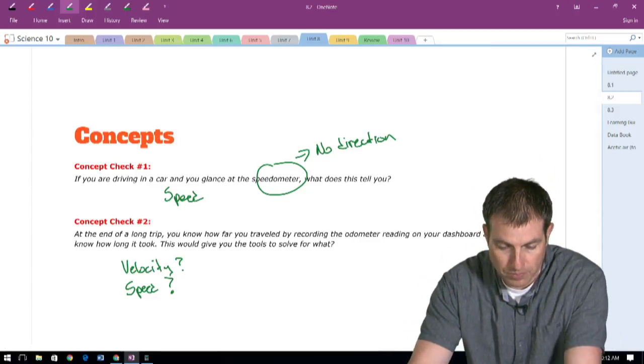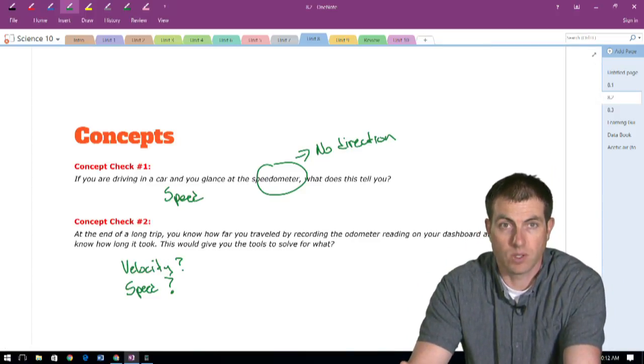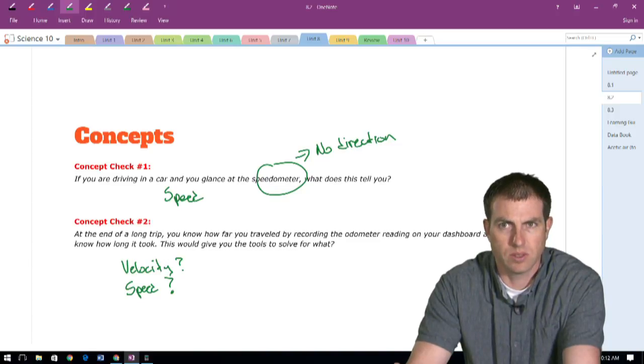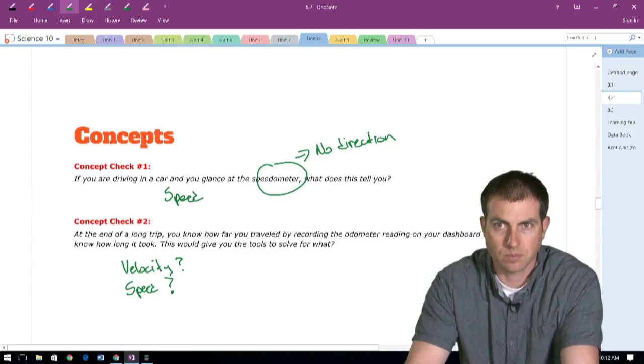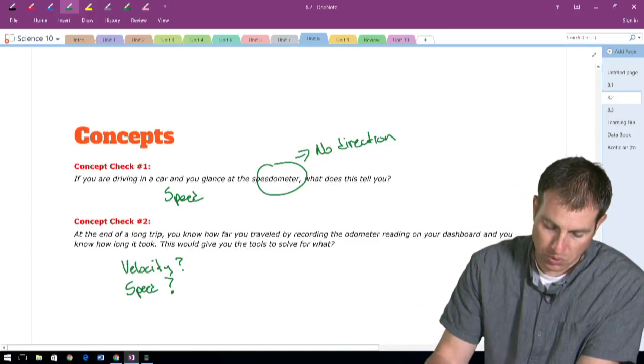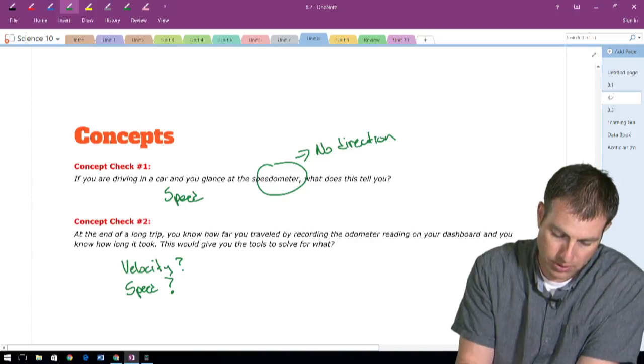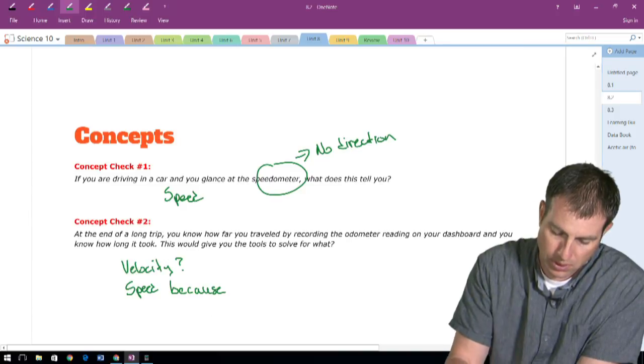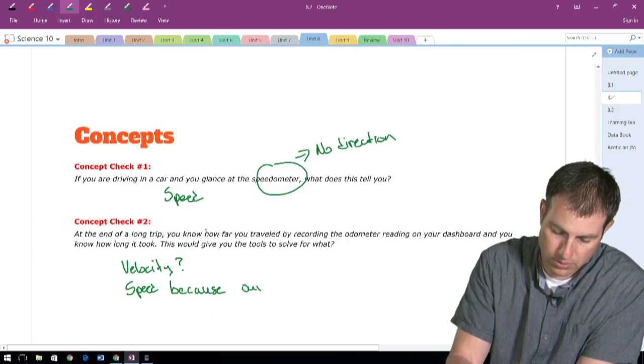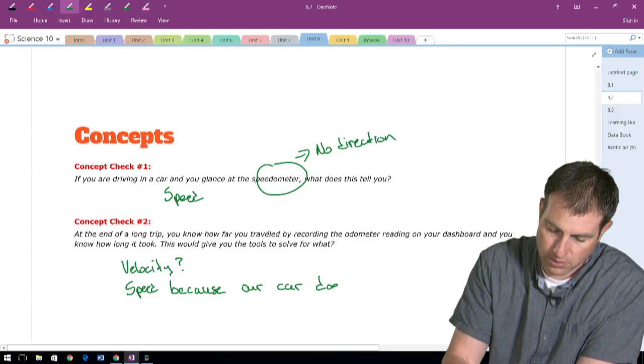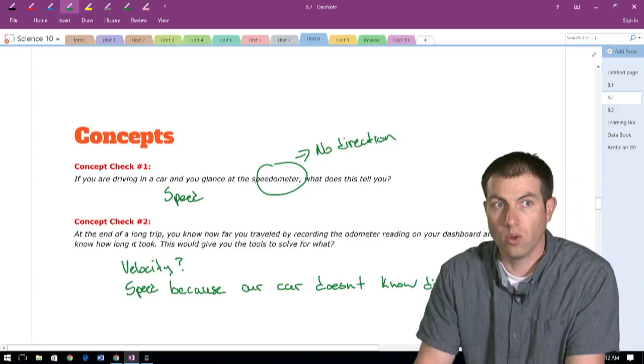So I know how far I went. I know how long it took. Could I find the velocity? Or could I find the speed? Or could I find neither? It's the same sort of idea as the previous question. We can find speed because our car doesn't know the direction we've traveled.